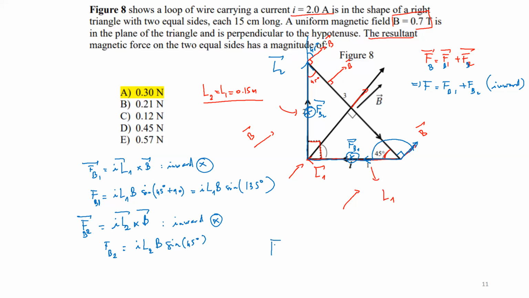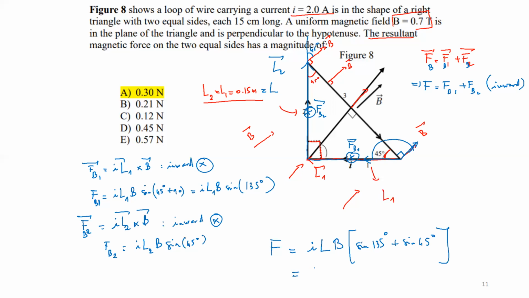So that means the net force acting on the two equal sides is just I, the current, L, because actually L1 is equal to L2 is equal to L, B, now here I will have sine 135 degrees plus sine 45 degrees.